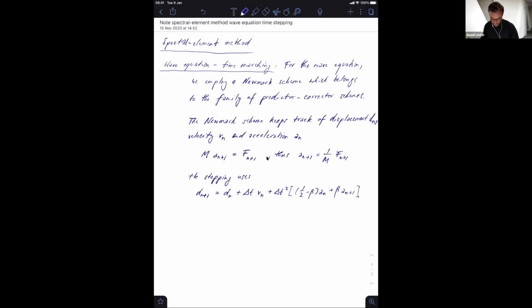And velocity plus 1. So we come to this beta factor in a second.